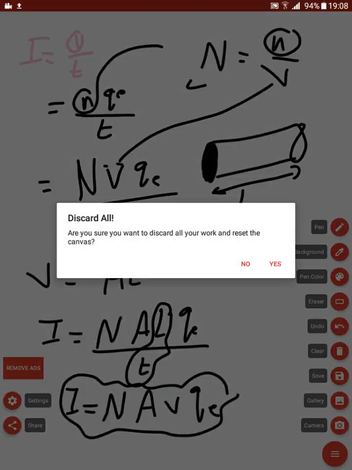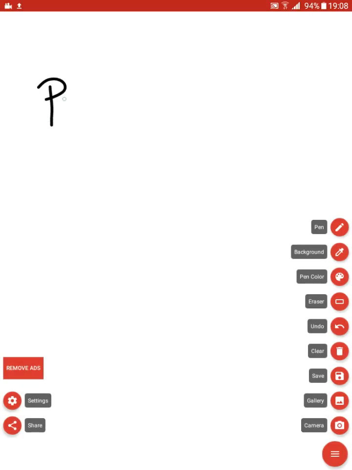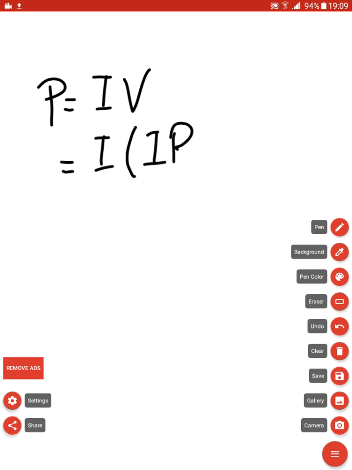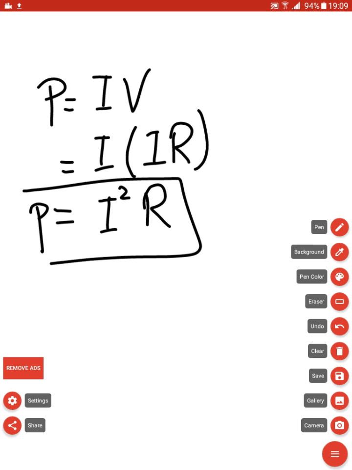So power equals I multiplied by V. We can use, instead of V, V equals IR, depending on Ohm's law. So power equals I squared multiplied by R. So this is a second law for power.